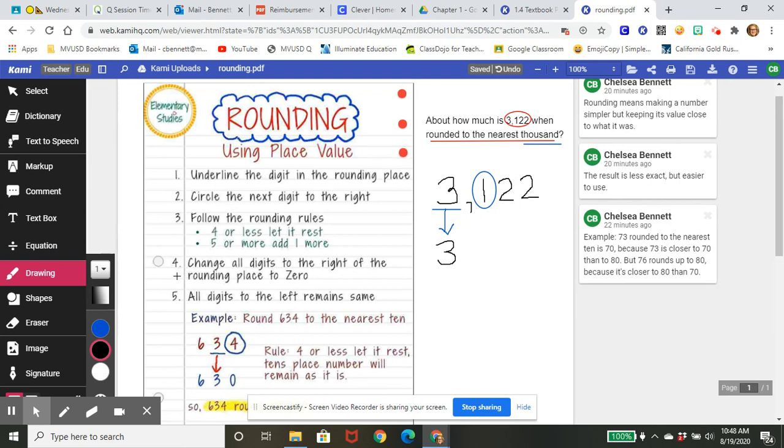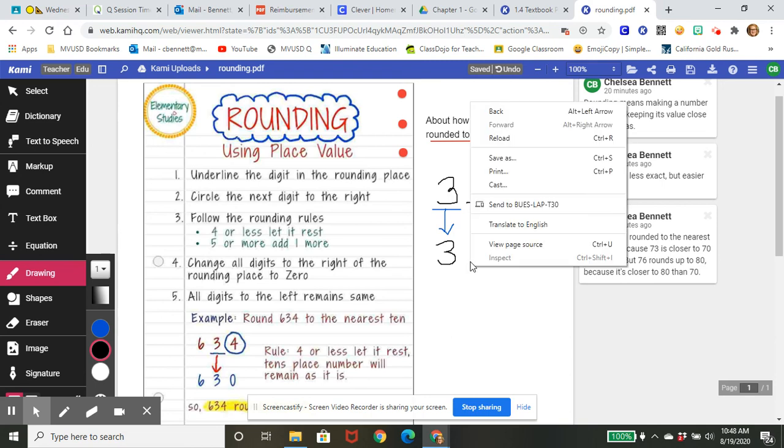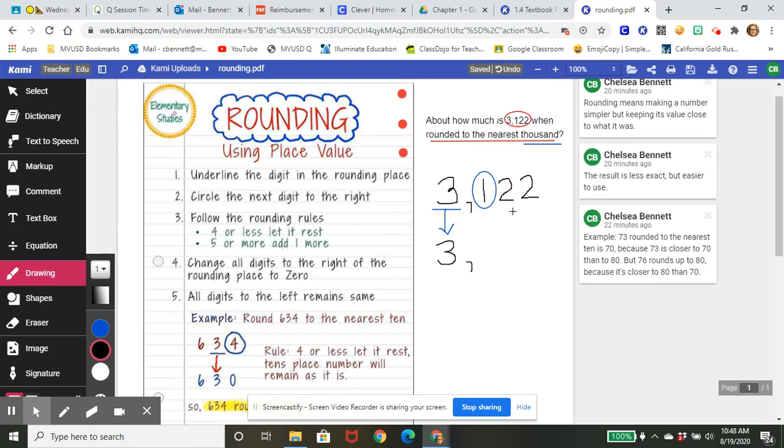Okay? Step 4. Change all the digits to the right of the rounding place to 0. So I'm going to change all of these digits over here into 0. I still have my comma. This 1 gets turned into a 0. This 2 gets turned into a 0. This 2 gets turned into a 0. Okay? And then number 5 says all the digits to the left remain the same.